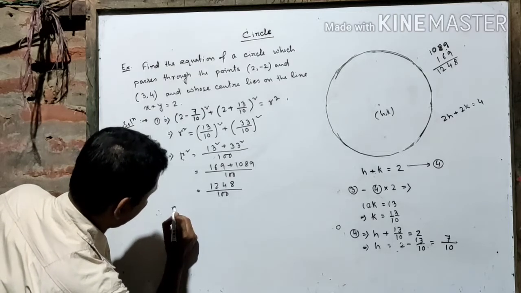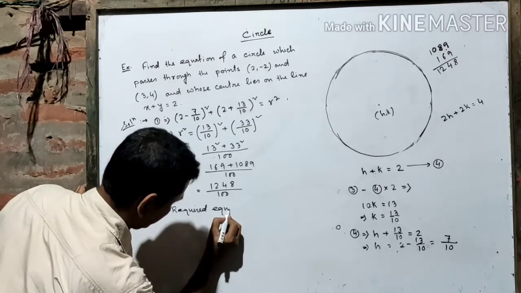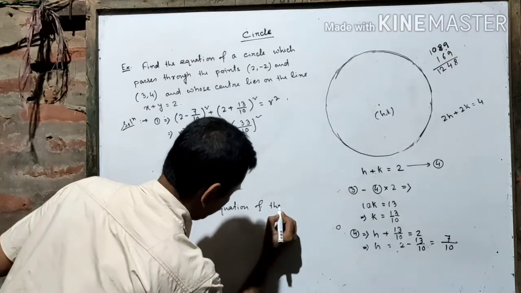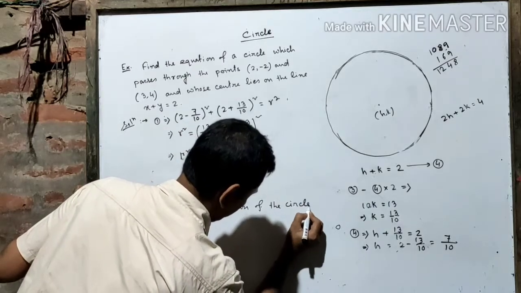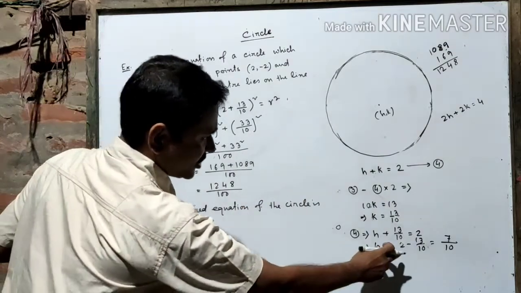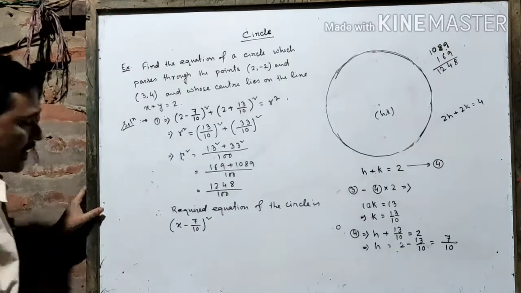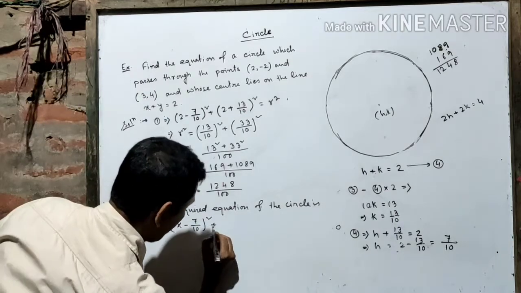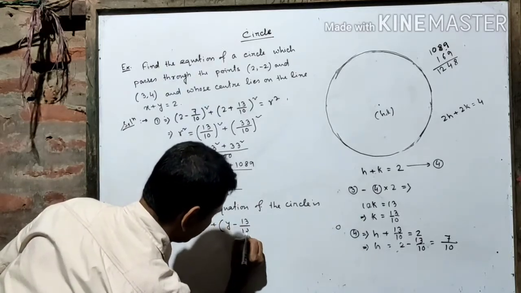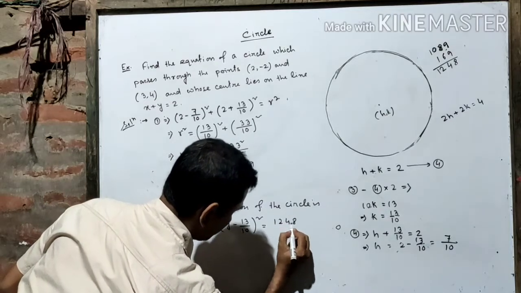Therefore, required equation of the circle is x minus h, what is h, 7 by 10, whole square plus y minus k, 13 by 10, whole square is equal to r square, 1248 by 100.